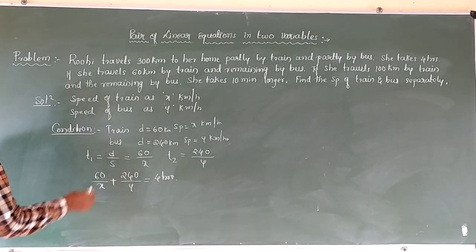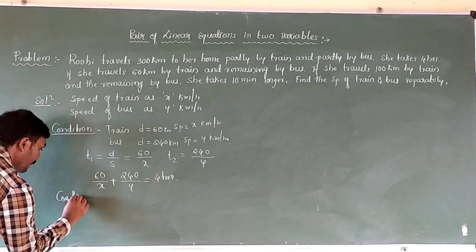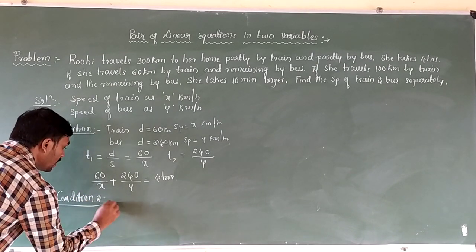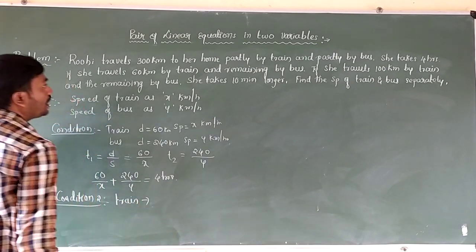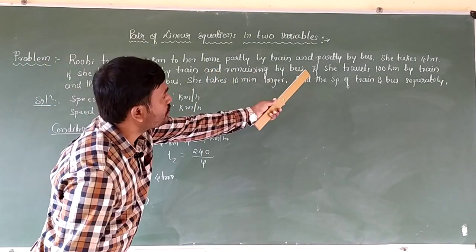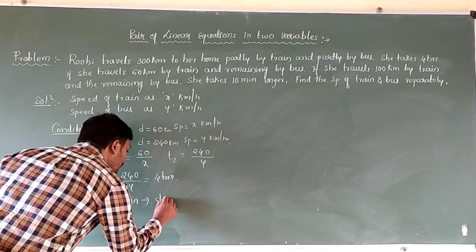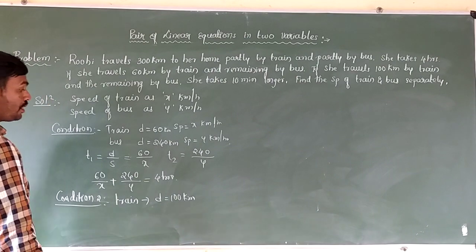In the same way, let us take the second condition, condition number 2. In the second condition, by train, if she travels 100 kilometers by train, the distance covered is 100 kilometers.